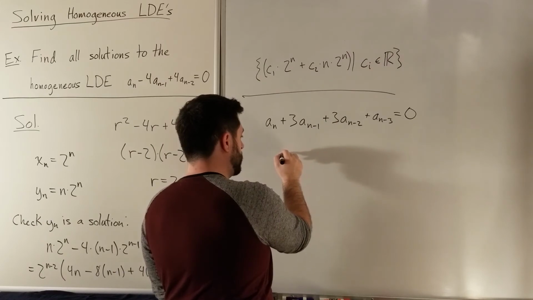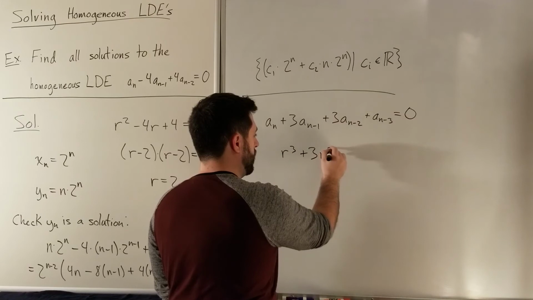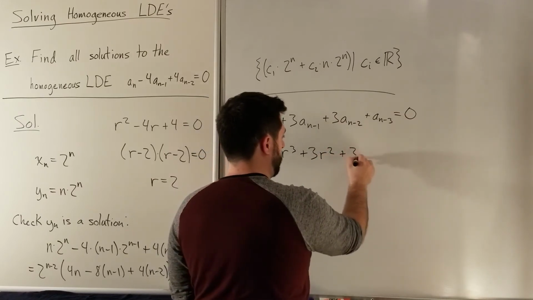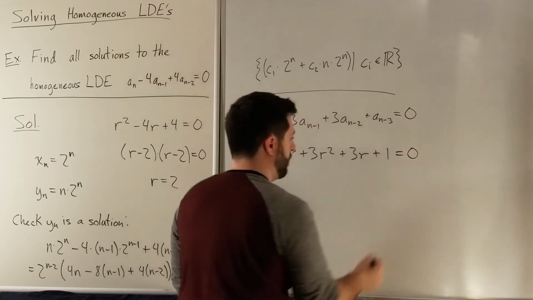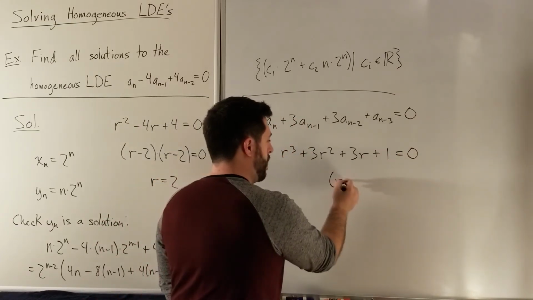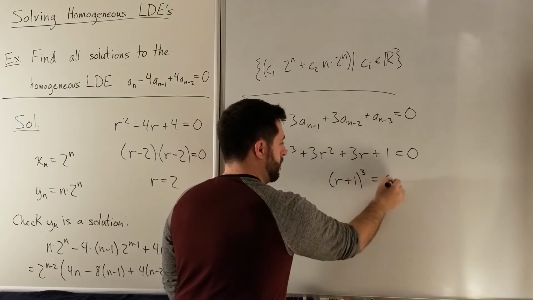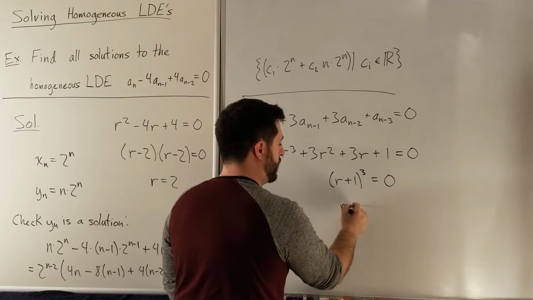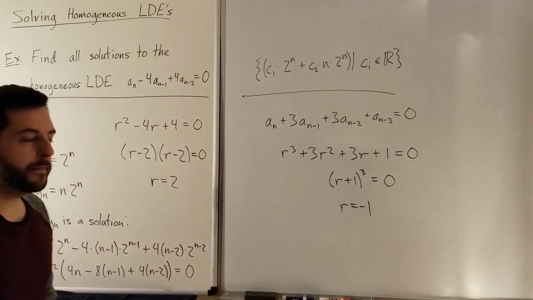Then we're going to get the auxiliary equation. It looks like this. Okay, and this is exactly r plus 1 cubed. In other words, we're going to get r equals negative 1 with multiplicity 3.